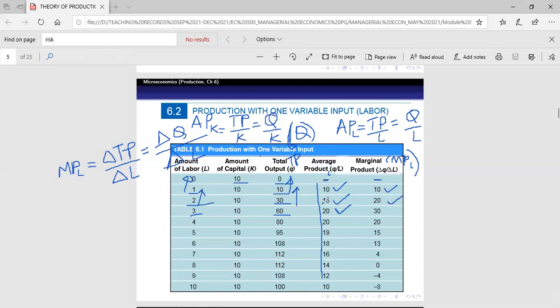Are we on the same page? Then this one will be 60 minus 30 divided by 3 minus 2, which gives us what? 30. And the story continues. So the logic is the same with the theory of costs. Here what is changing is the labeling, right?